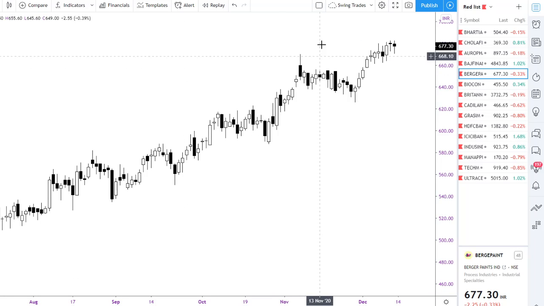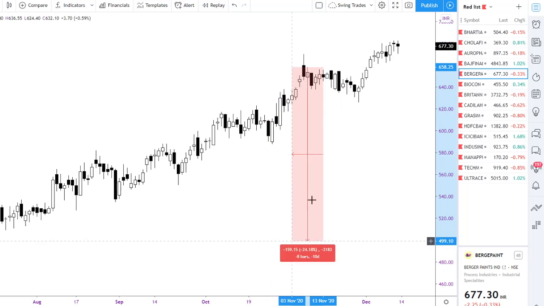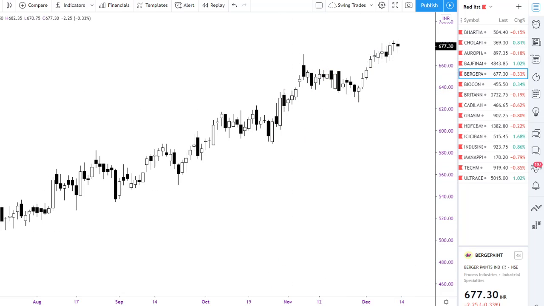This is also an uptrend, and we would be interested in this stock maybe if we see some sort of correction, maybe to this level here. If you see some sort of correction to around this area, then we'll be interested in buying this stock as well.